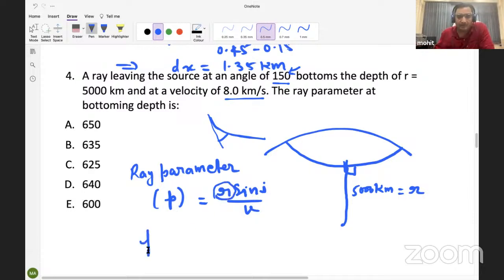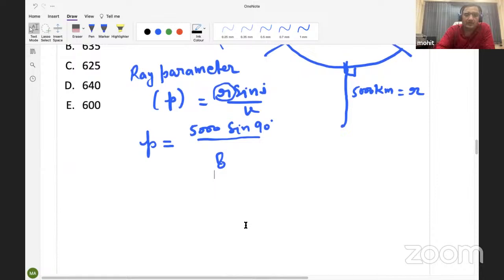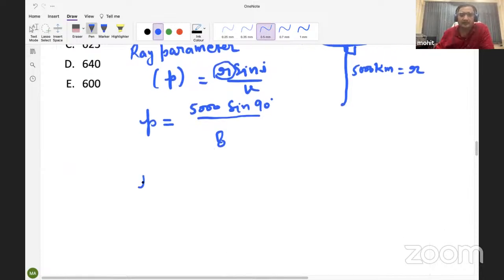So this I at the bottoming depth will be 90 degree, and this R will be 5,000 kilometer. So what we are going to do, we are just trying to find out the value of P at the bottoming depth. So P is equal to 5,000 into sine I, that is 90 degree, divided by V, that is your 8 kilometer, that is given in the question. So when you solve this, then this P will come out to be 625 units.